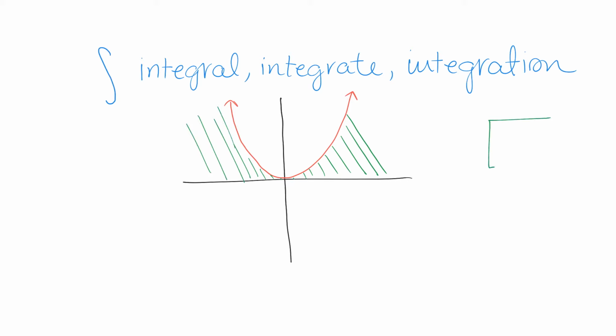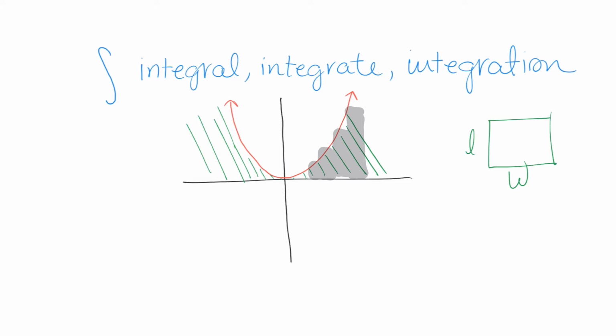Like if I asked you for the area in a square, you would multiply length times width and it would be easy. But if you come over here, this is not so easy because you've got this little thing, and then maybe you could draw another rectangle here and then another rectangle here, but it's not totally accurate, right?